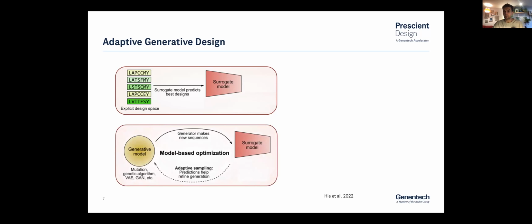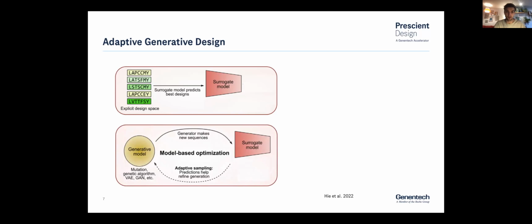If we want to be a little more complex, we can have a closed loop where we're constantly proposing new things, expanding that library with a generative model, labeling things with a surrogate model, and retraining the generative model, often doing actual experiments in the lab, labeling things in the lab and using that to retrain the generative model.